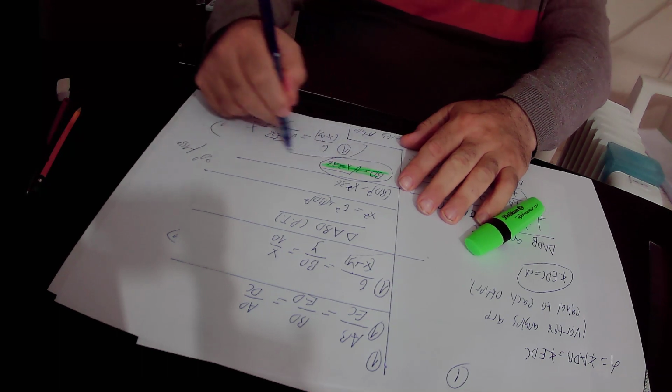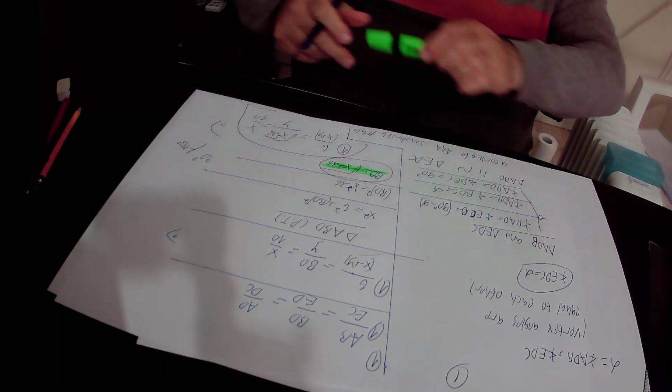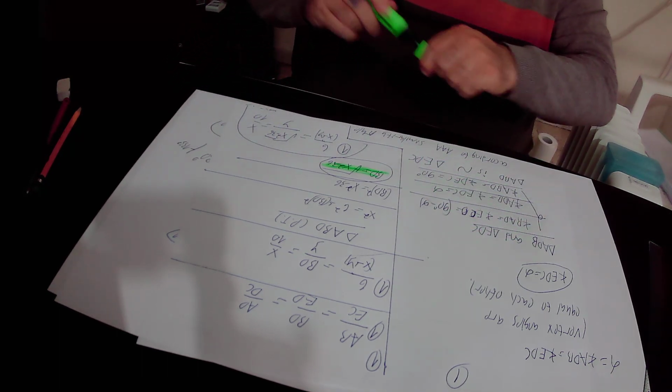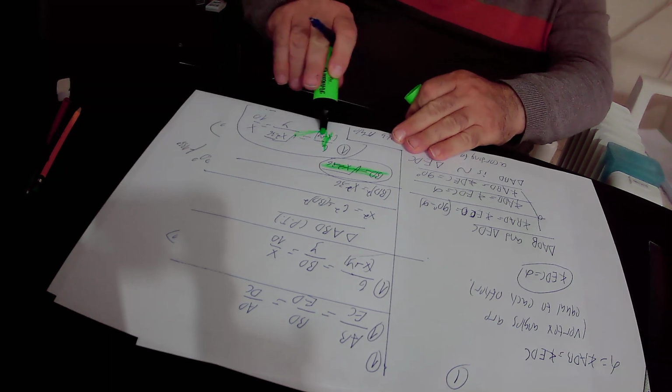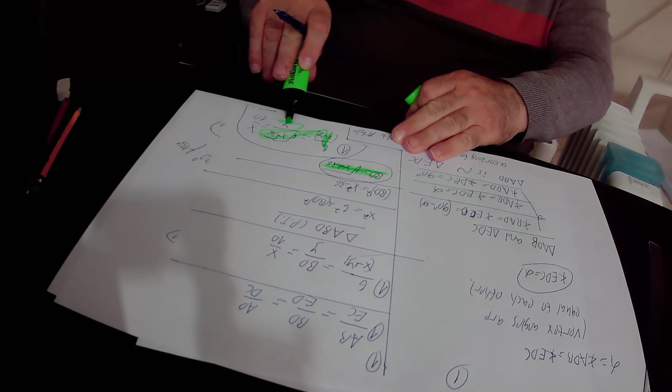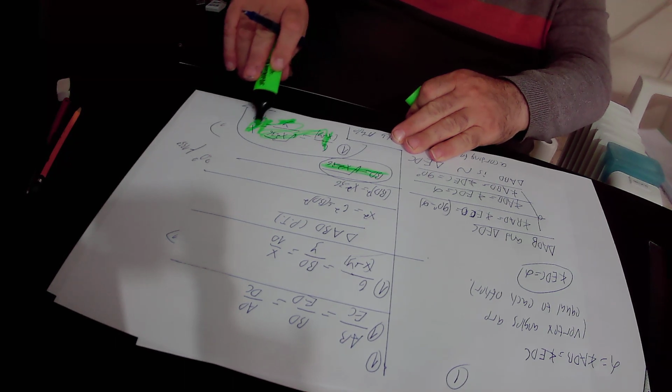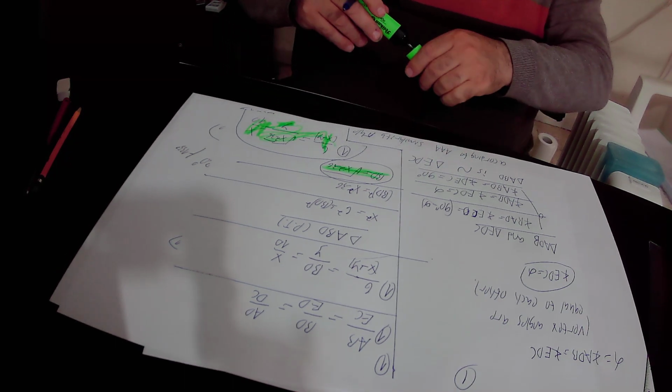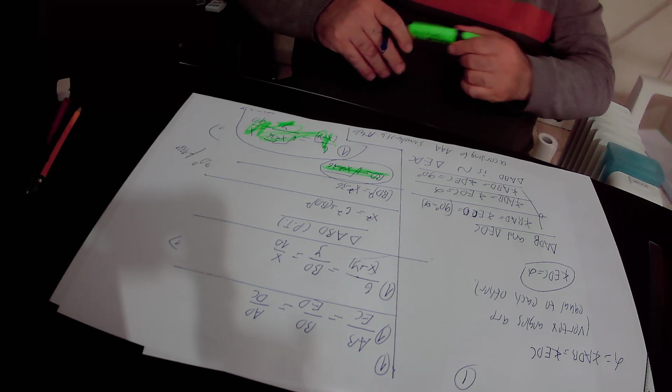So we found that according to equation number 1, 6 over x plus y equals the square root of x squared minus 36 over y, that is equal to x over 10. Here we will create from this long equation two equations.